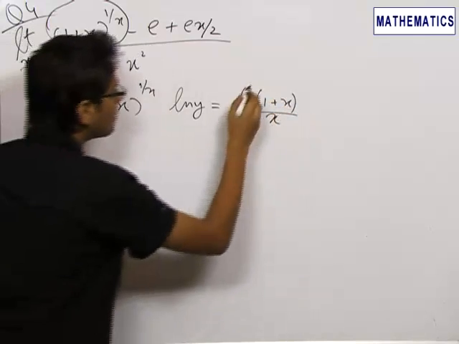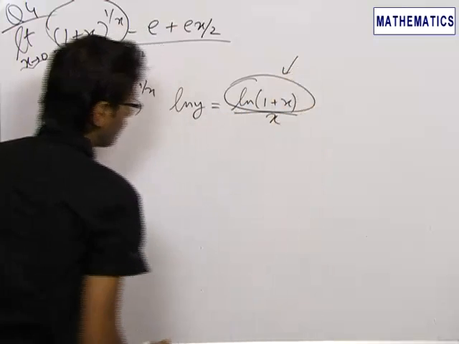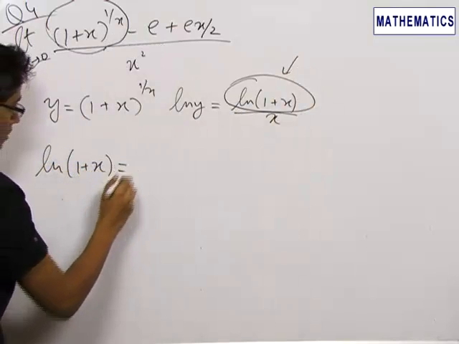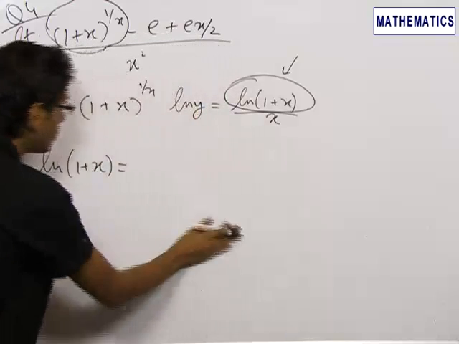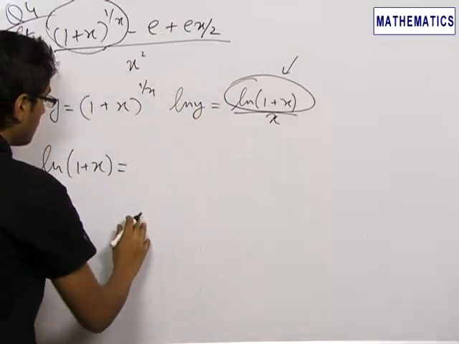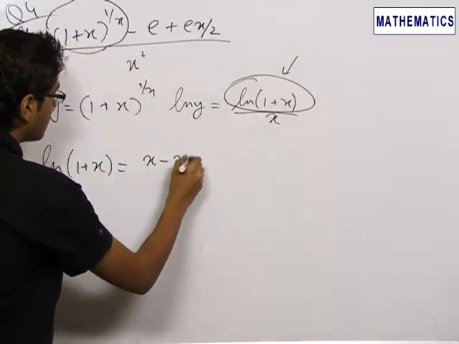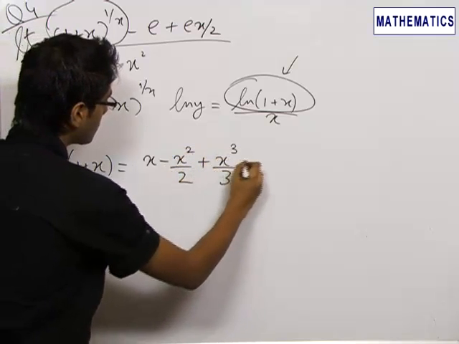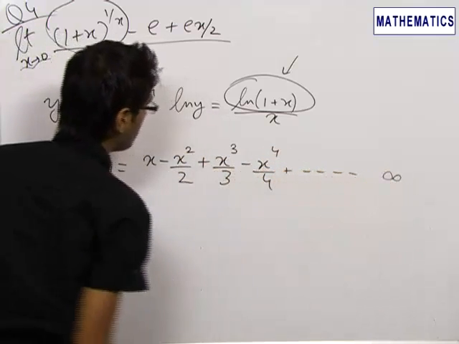Now there is a very important and basic expansion for ln(1 + x), which I would request you students to remember because it is highly useful in some of the limit problems. This ln(1 + x) can be written as x − x²/2 + x³/3 − x⁴/4 up till infinity.